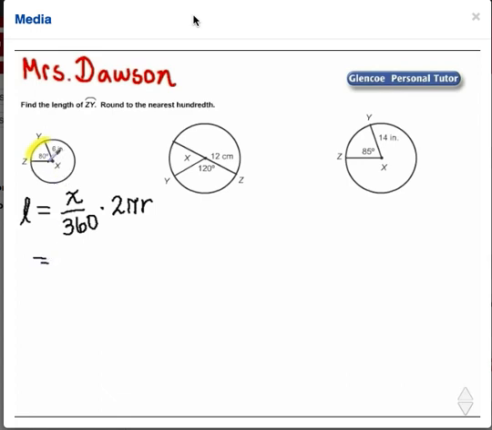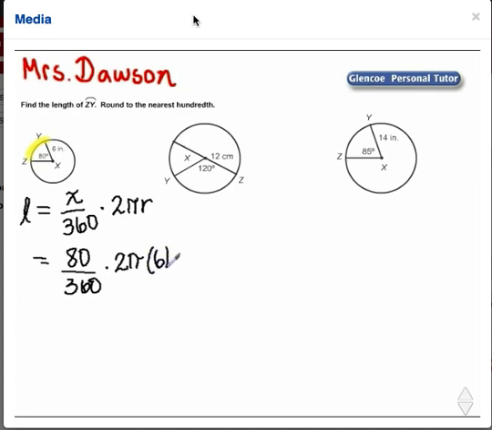So, in this case, we have an 80-degree central angle. So, x is 80. 80 divided by 360 multiplied by 2 times pi times the radius, which is 6.